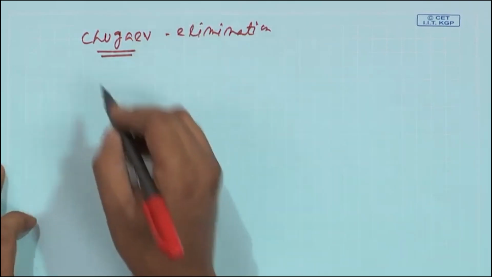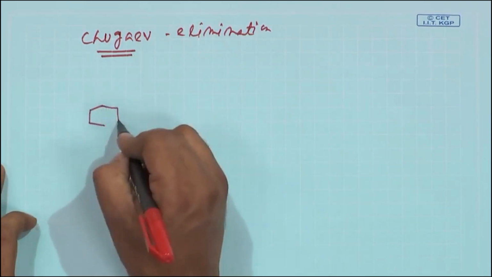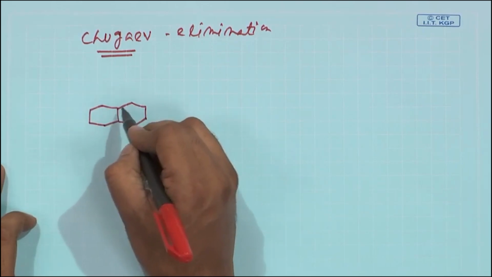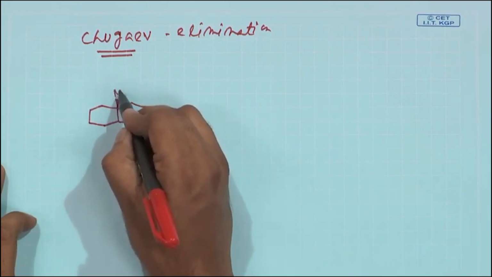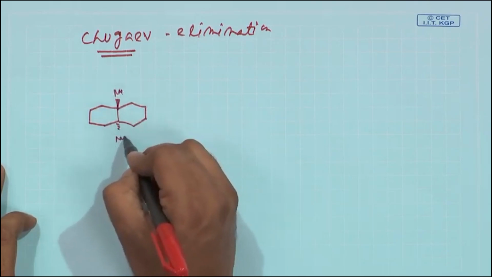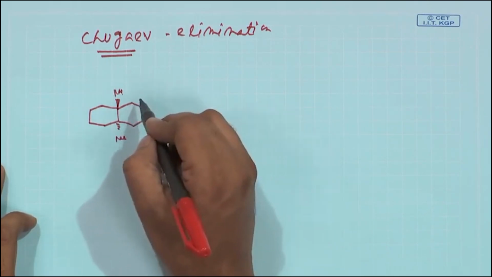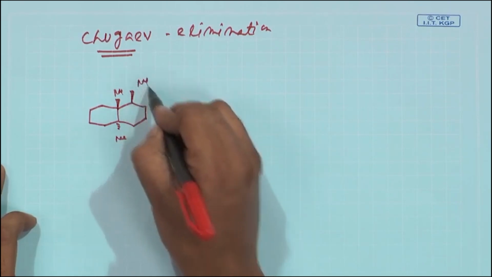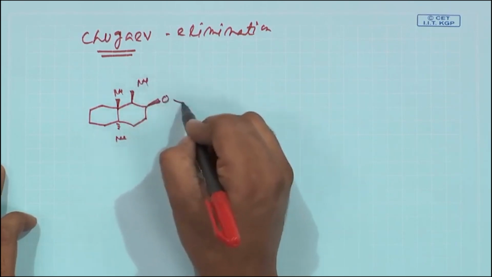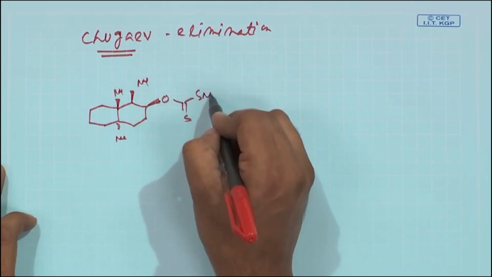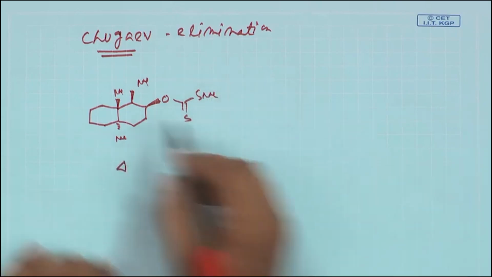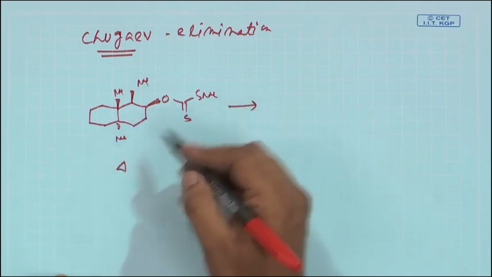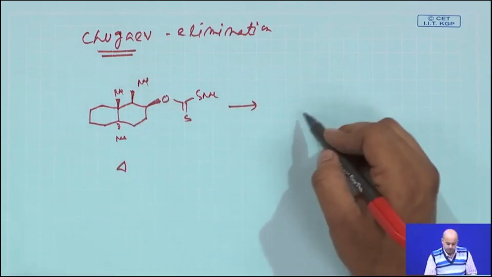So, if you take the starting material which was given in the earlier slide, you have this methyl, another methyl here, and basically you will be having this xanthate ester, SMe. If this is heated under strong heating conditions, you will get the elimination product, which was the target molecule.